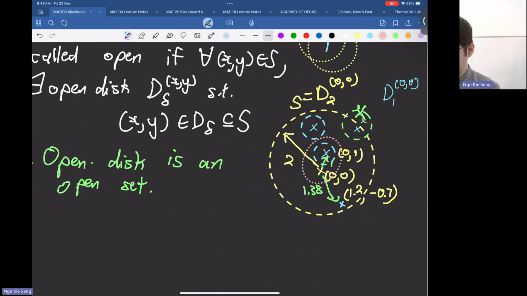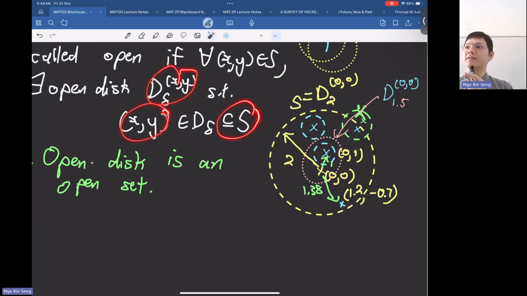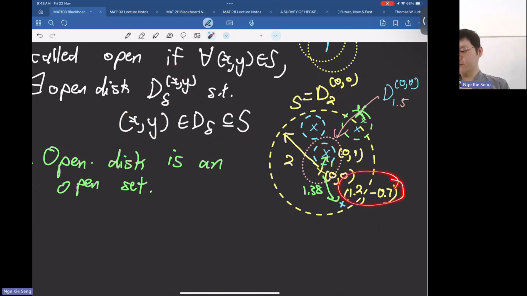Okay, so let's call this D of 1.5 at (0, 0). So this will satisfy that this open disk contains (0, 1) and lives inside S. Why live inside S? Because all the distance here is less than 1.5, which is less than 2. Okay. How about for this one?